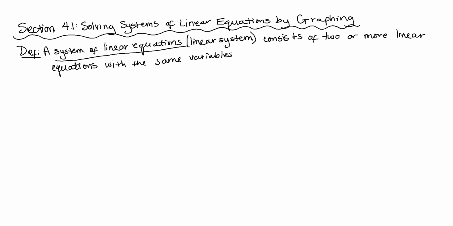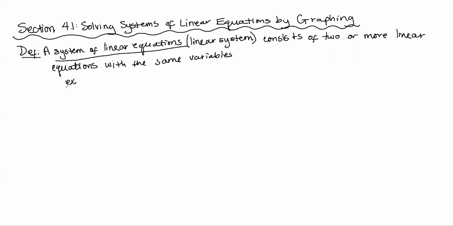And so these are all going to have an x or a y or both. And remember, even if you don't see an x or y, it could just have a 0 in front of it. So we're assuming it's either going to have an x or y or both. There's not going to be any z's or anything like that.